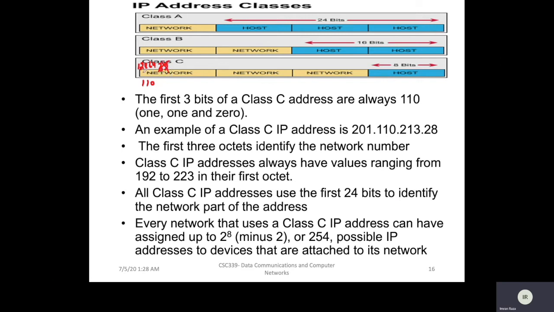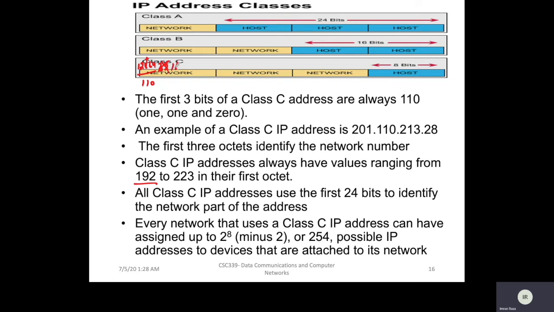This defines the starting range of class C, which is 128 plus 64, which gives 192.